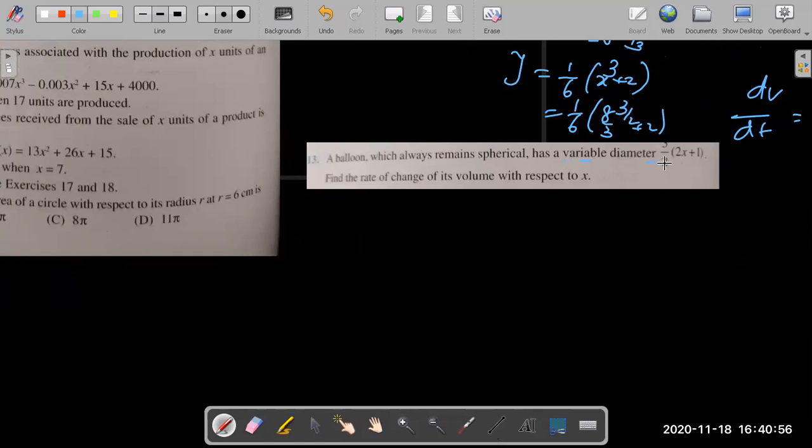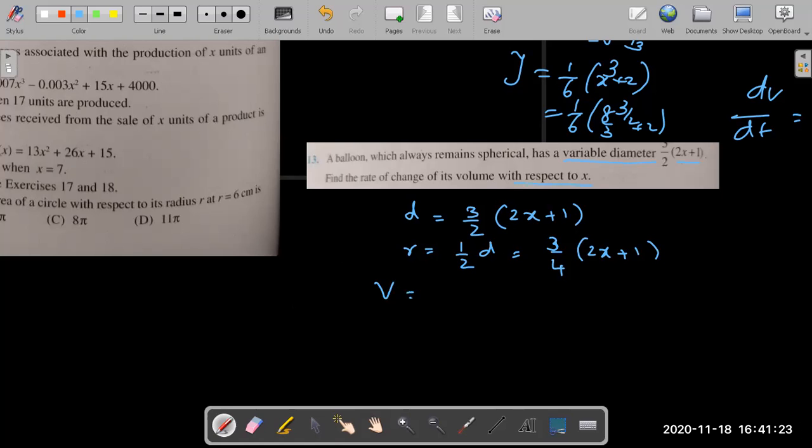The diameter d is equal to 3 by 2 into 2x plus 1. So the radius will be half of the diameter, that's equal to half of 3 by 4 into 2x plus 1. This is the radius.